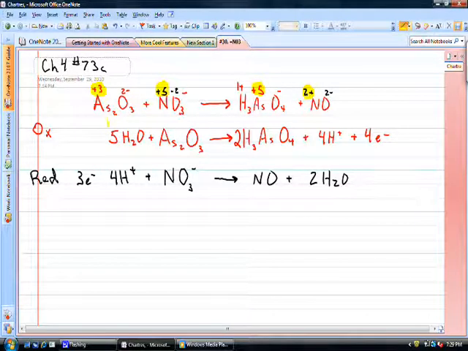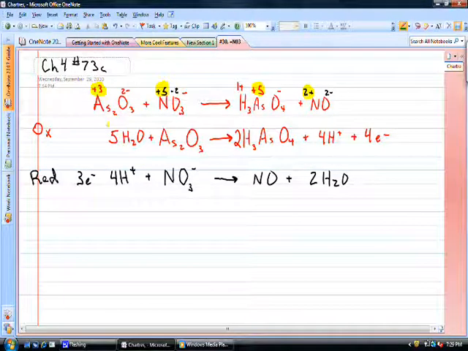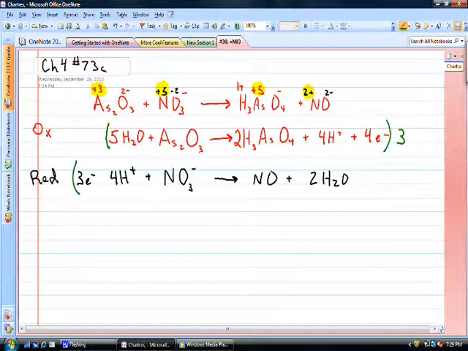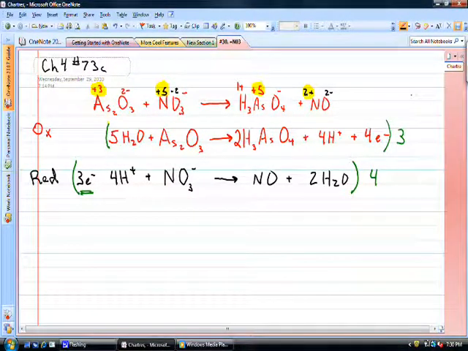And so here I think you see that if we multiply this reaction by 3 and multiply this reaction by 4, that will give us 12 electrons. 4 times 3 is 12. And it will give us 12 electrons up here. 4 times 3 is 12. So that the number of electrons is equal in the two processes.